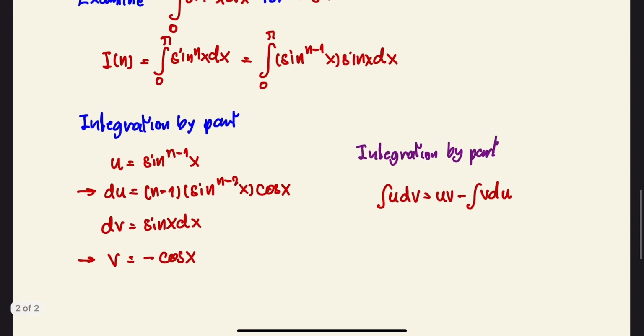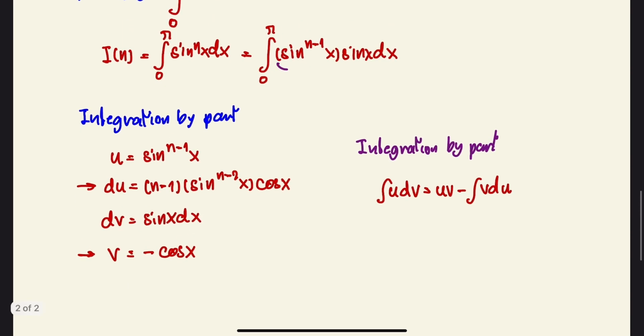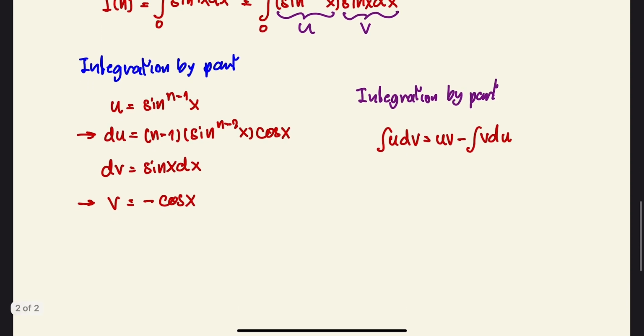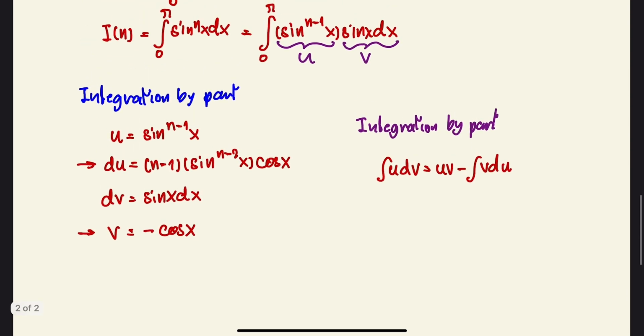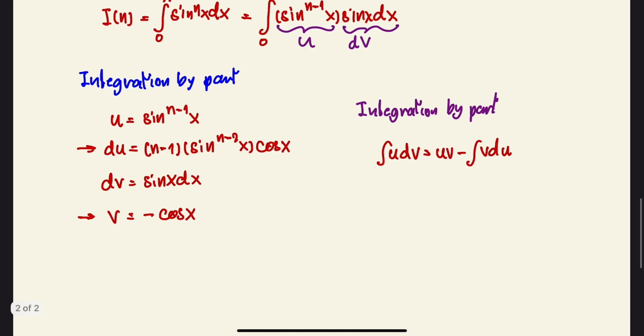Now this term is u, this term is v, and this term is dv.